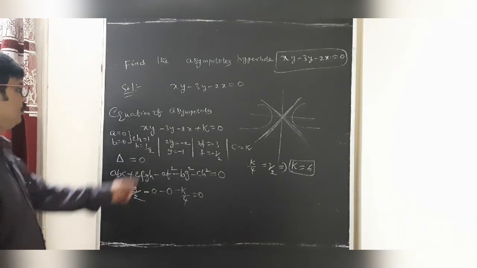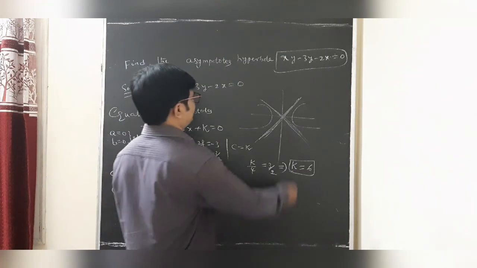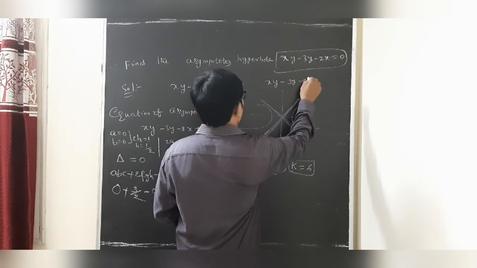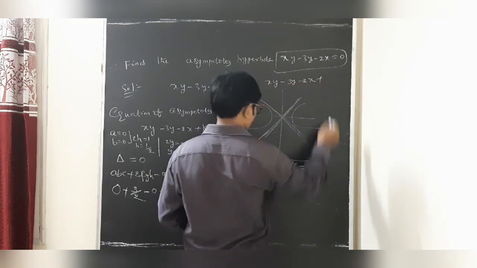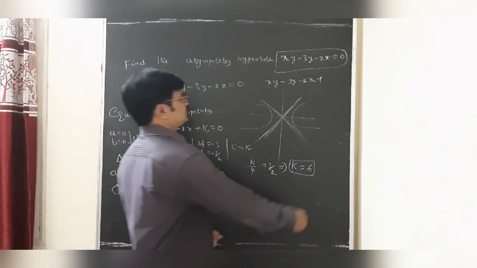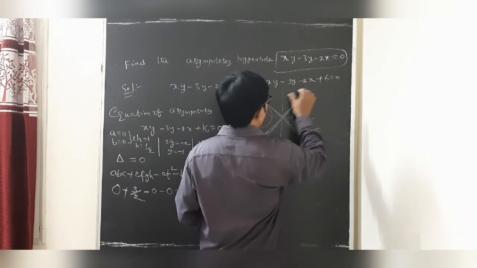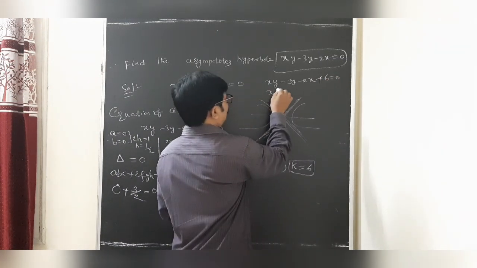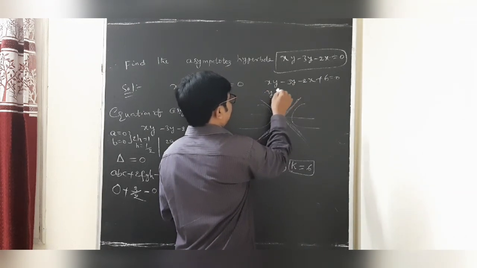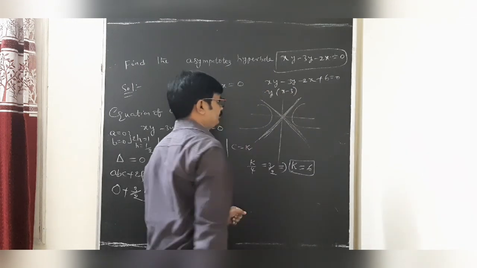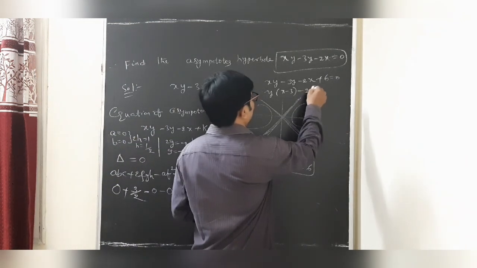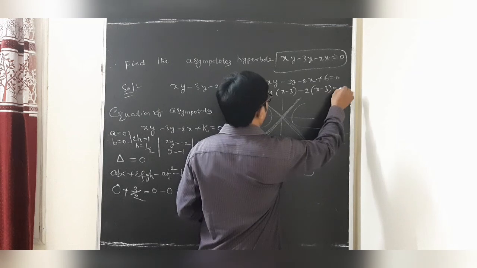Now students, how to find the asymptotes? This is xy minus 3y minus 2x plus 6, where the k value is 6. In the first two terms we take y as common, which gives x minus 3. In the last two terms, minus 2 is common, which gives x minus 3.